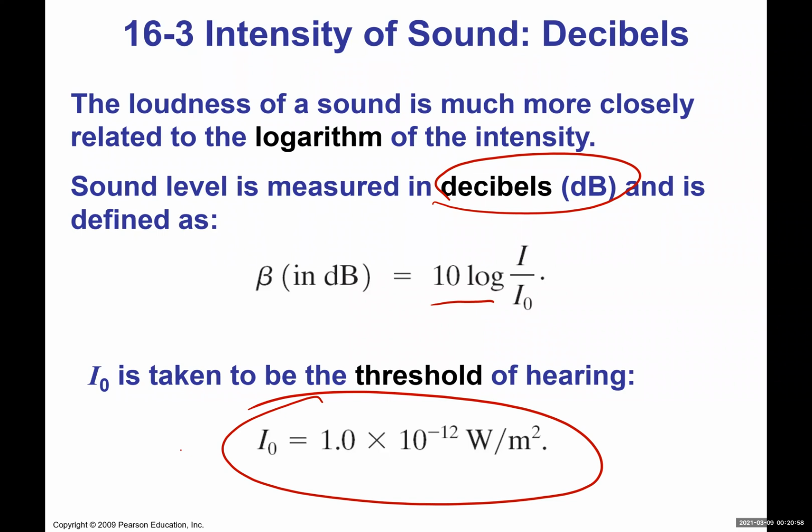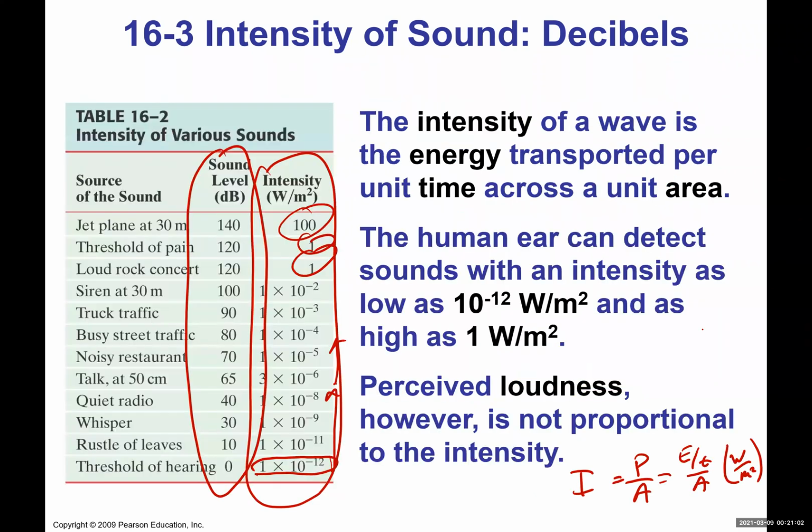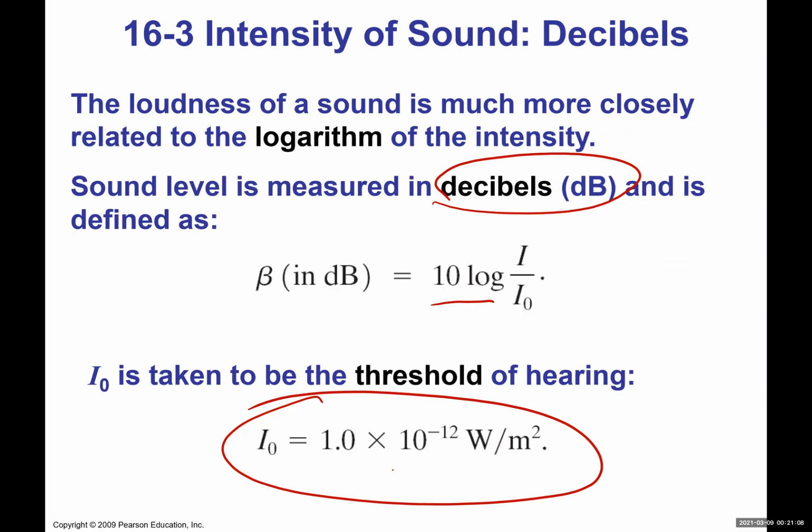let's say the intensity for a whisper, which is 1 times 10 to the negative 9. Then the sound level equals 10 log of 1 times 10 to the negative 9 over 1 times 10 to the negative 12.